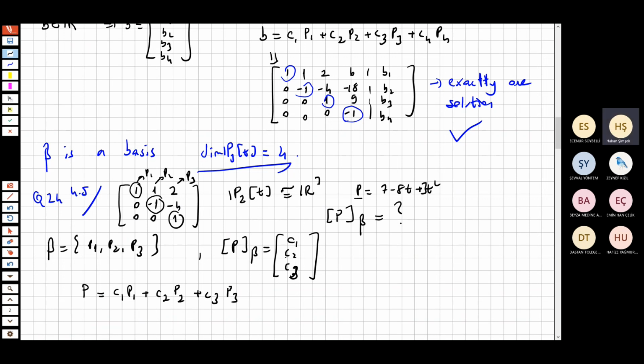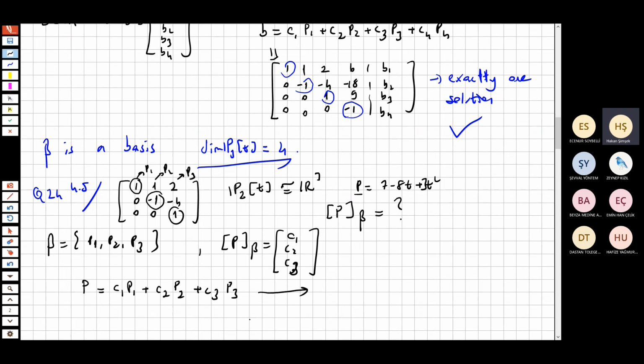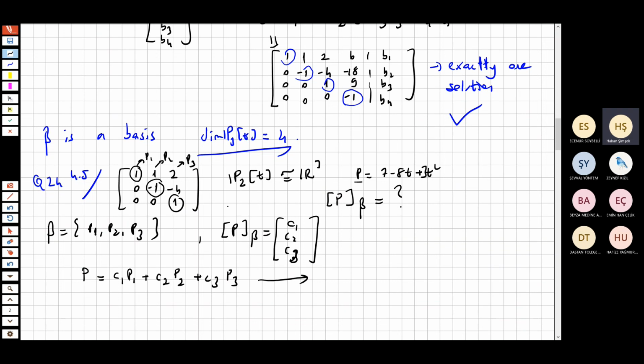Namely, the entries of the polynomial P relative to the basis beta will be weights of the linear combination, as you can see. Therefore, you need to find the solution, at least one solution in here. Actually, we will have exactly one solution.